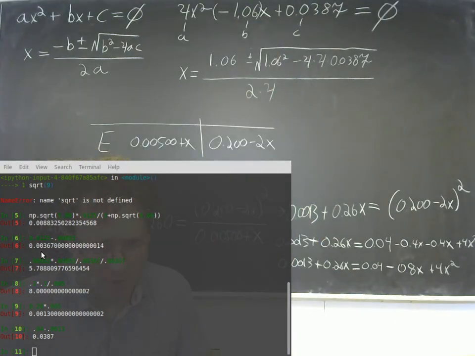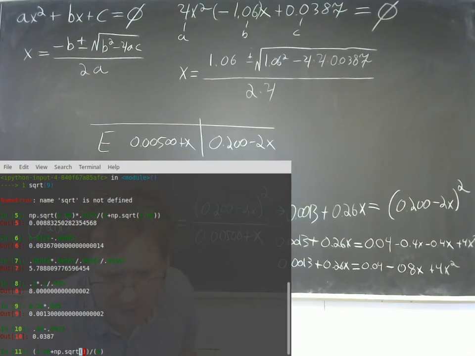Let's run these numbers. I'm going to put parentheses here, because in the end we're going to be divided by 8. 2 times 4 is going to be 8. Okay, so I have 1.06 plus the square root. So here's my square root function.